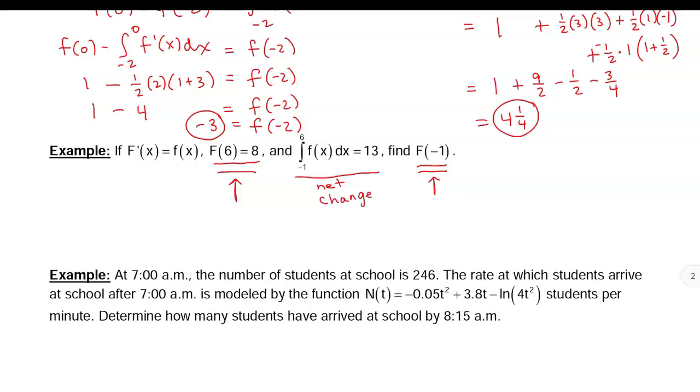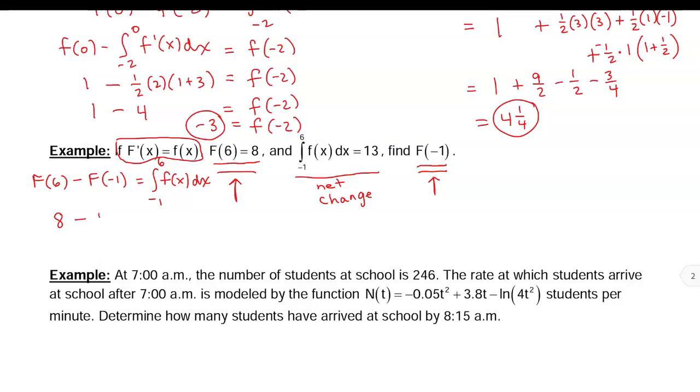Our net change formula, again, is going to be f of 6 minus f of -1 equals the integral from -1 to 6. Notice how they pointed out capital F prime equals f of x. You need to make sure that's included in your justifications. Okay, we know f of 6 is 8, so that could be substituted with 8.